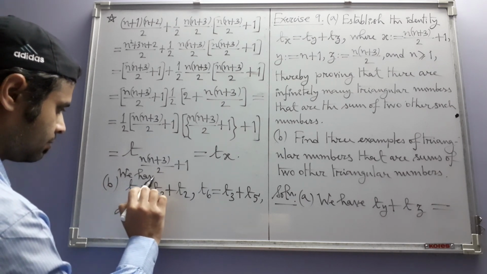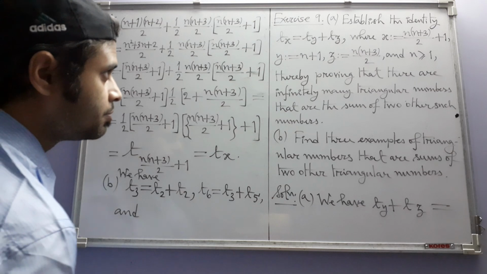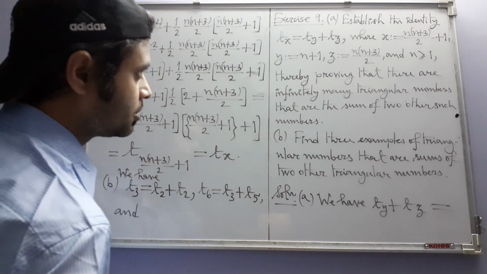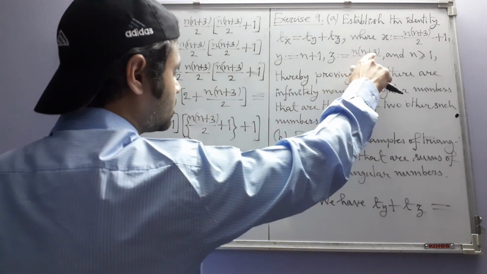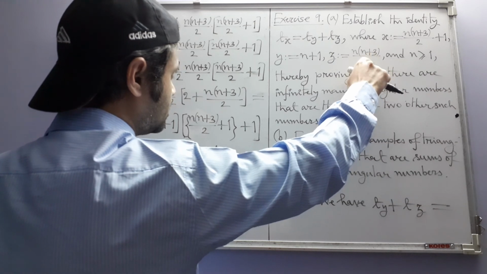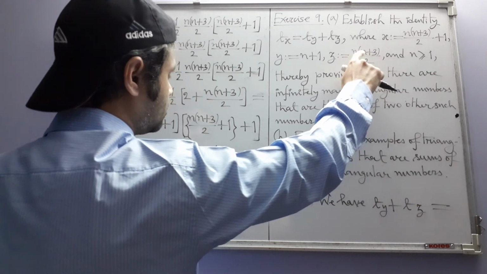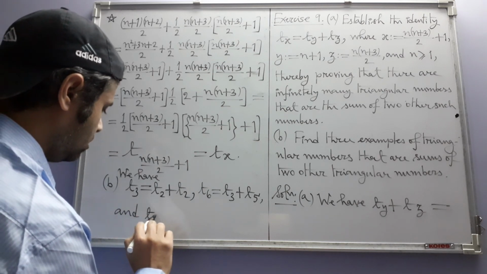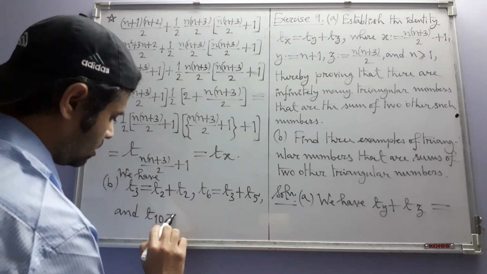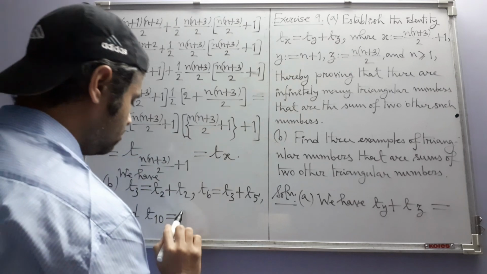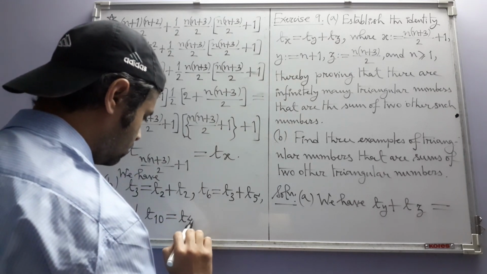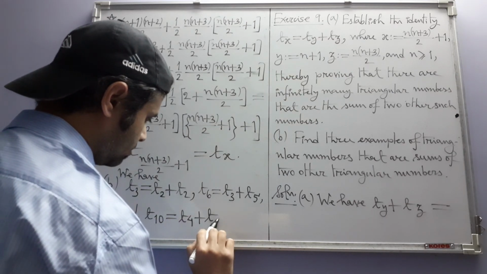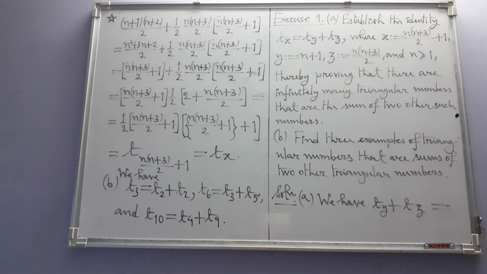We have this, and if we put n equal to 3 here, then 3 plus 3 is 6, 6 divided by 2 is 3, 3 times 3 is 9. So T10 equal to T4 plus T9.